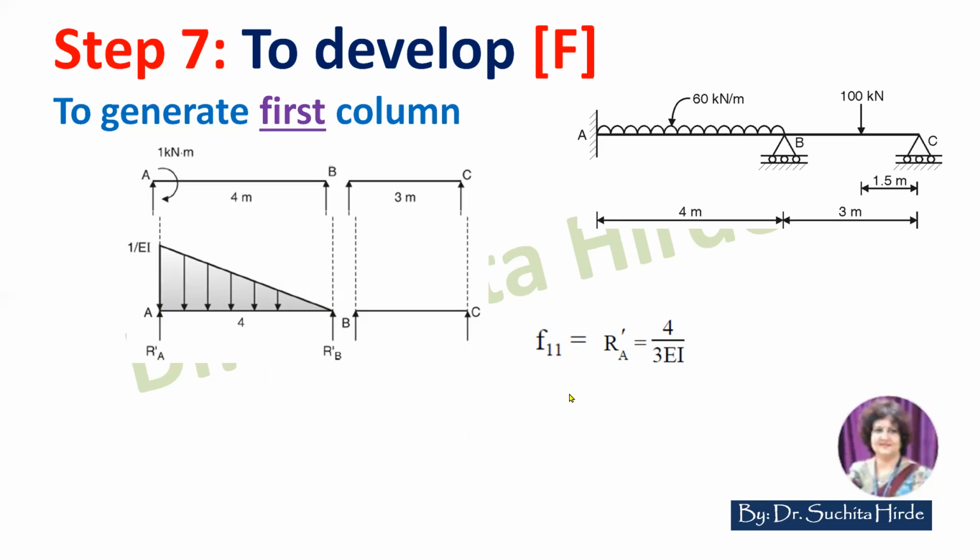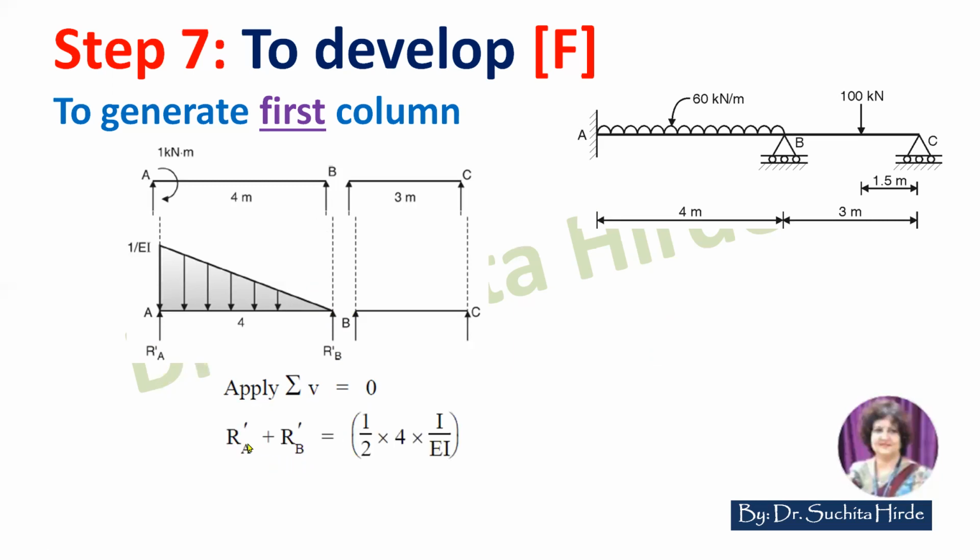Now second element of first column is F21. For that we will take summation of vertical forces equal to 0 because we want to calculate R dash B. Why we are calculating R dash B? Because we want to calculate slope at B. And slope at B is equal to shear force at B of conjugate beam. So we know RA dash. So we can calculate RB dash by taking summation of vertical forces equal to 0.